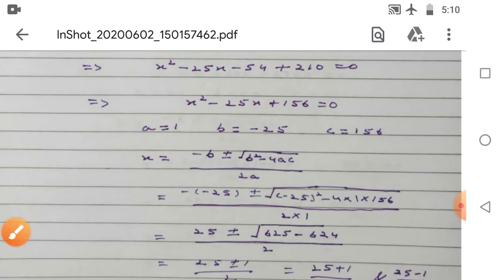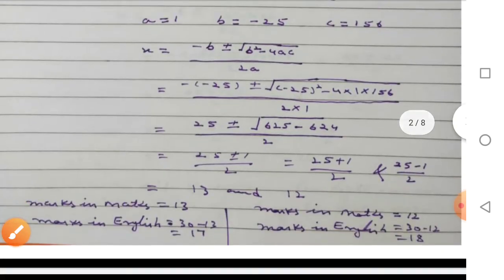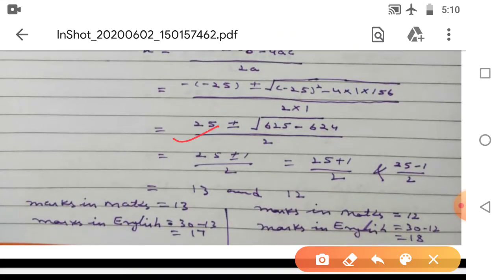And finally, we have 25 plus minus under root 625 minus 624 upon 2, and this is 25 plus minus 1 upon 2. So, 25 plus 1 by 2 is 13, and 25 minus 1 by 2 is 12.